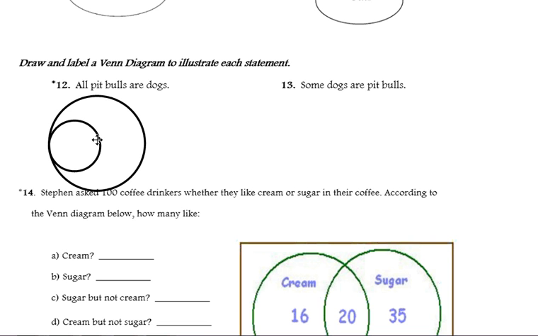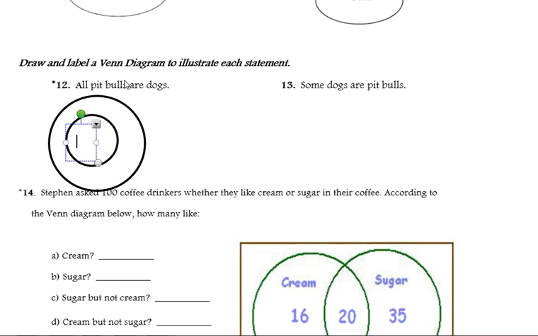And if you're reading it from the inside out, anything that follows the word all should be inside the middle circle. So following the word all is pit bulls.